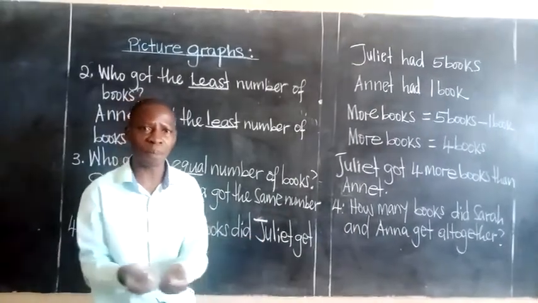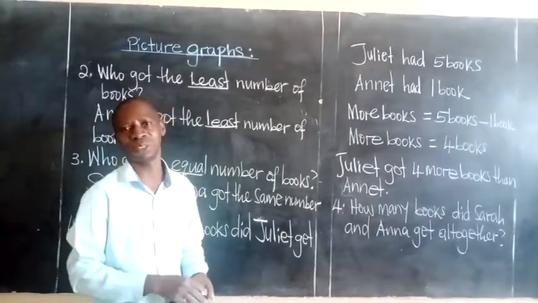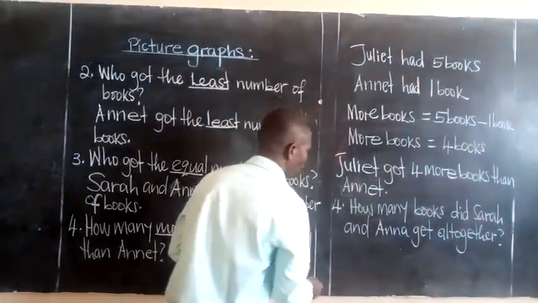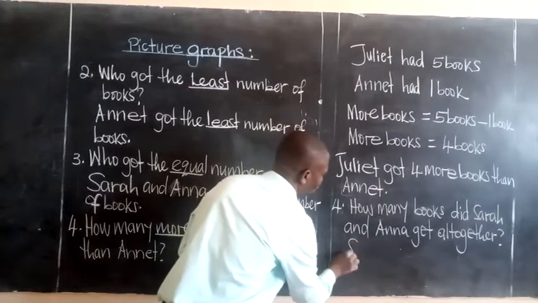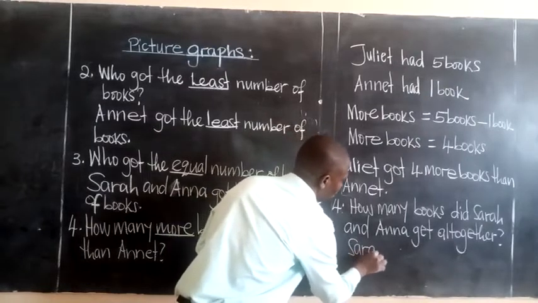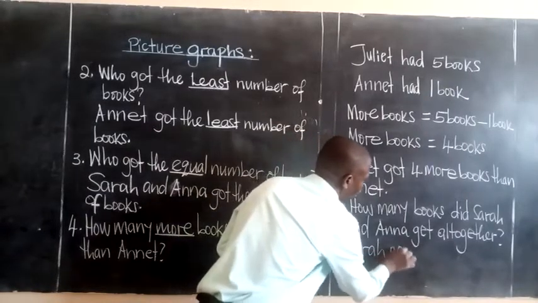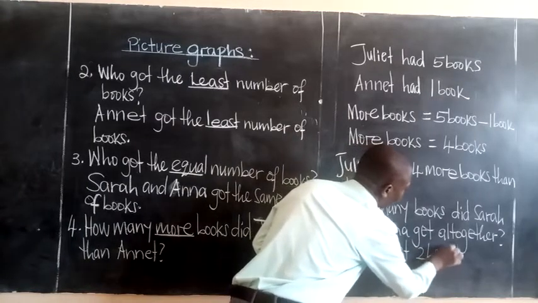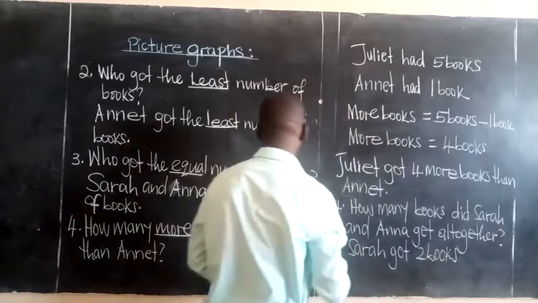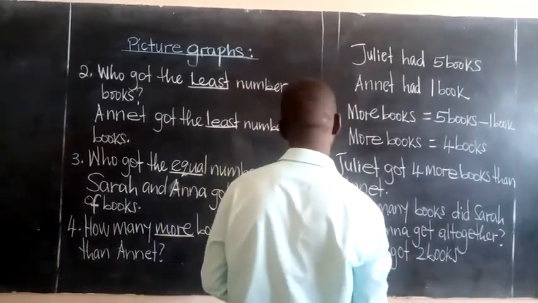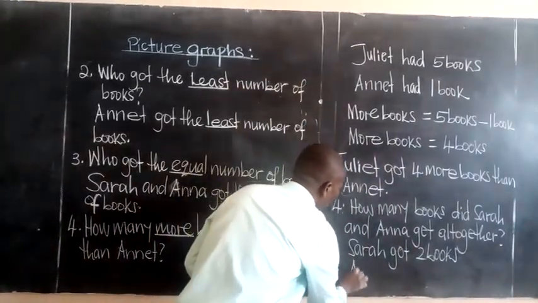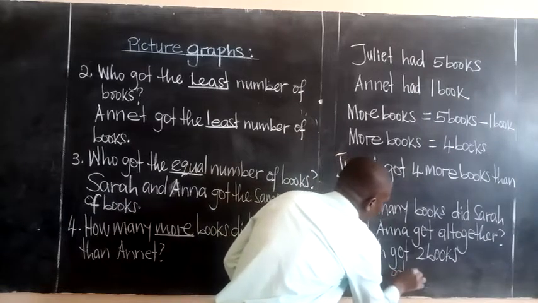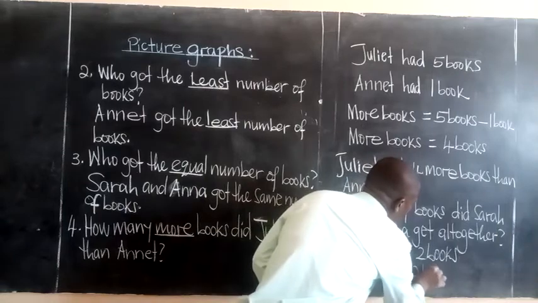You find the sum. You remember those terms that we used in our previous lessons. So here you will say Sarah got 2 books. Anna also got 2 books.